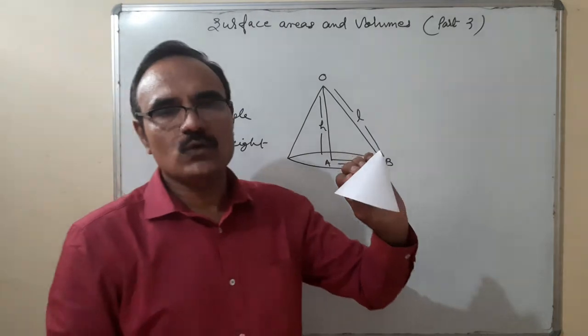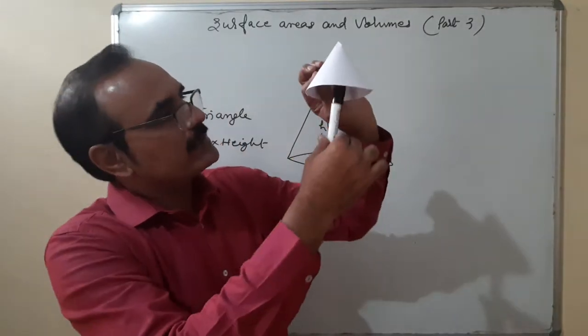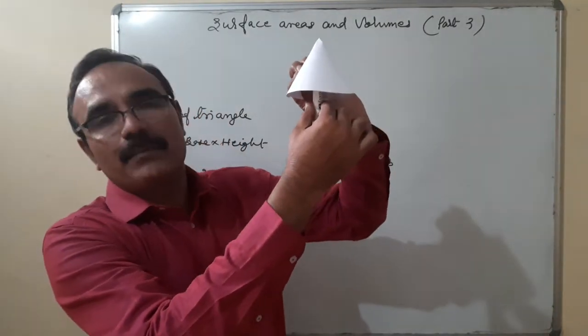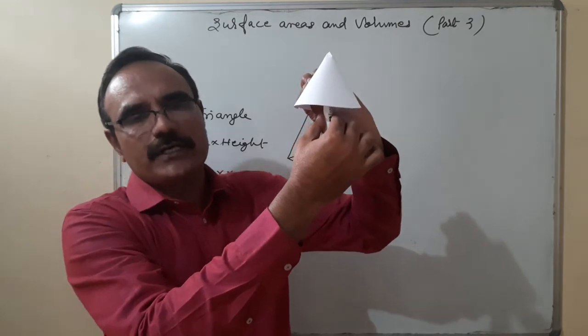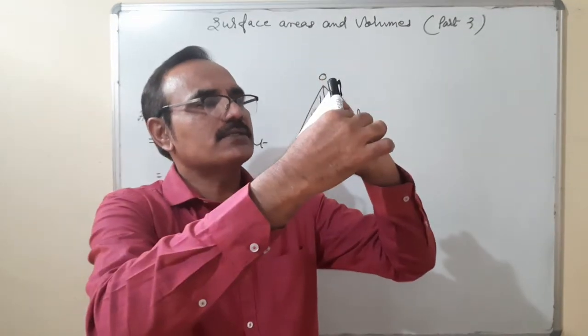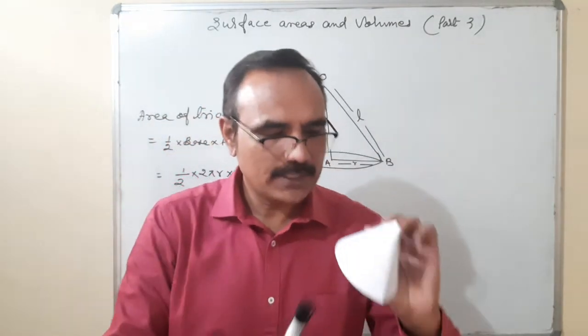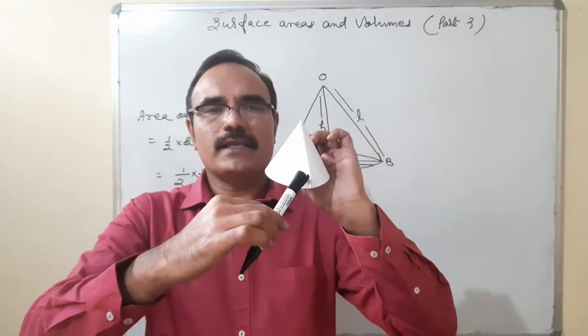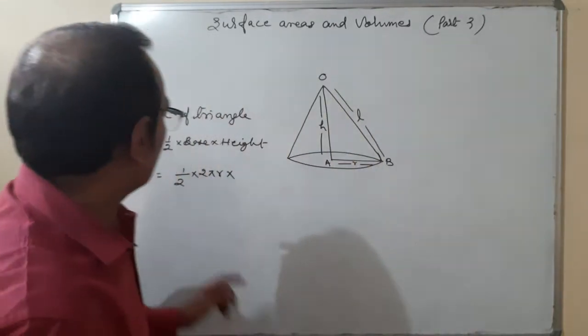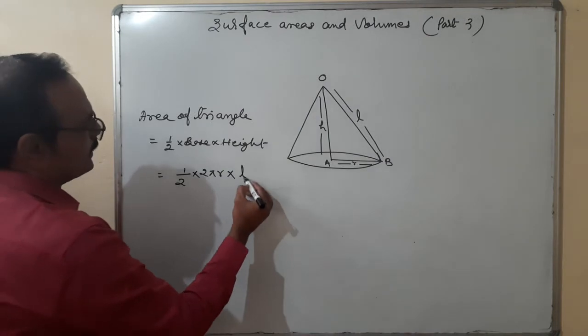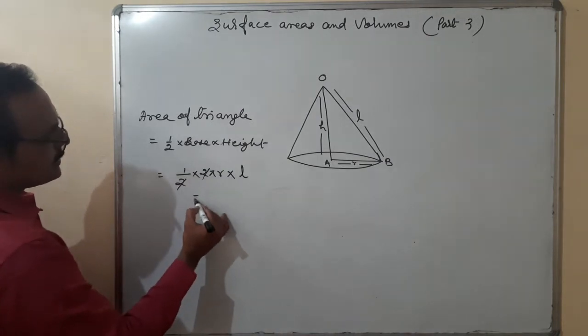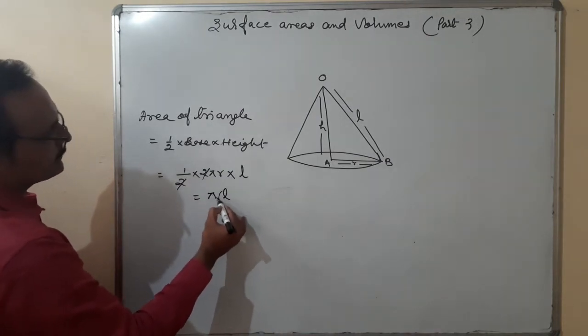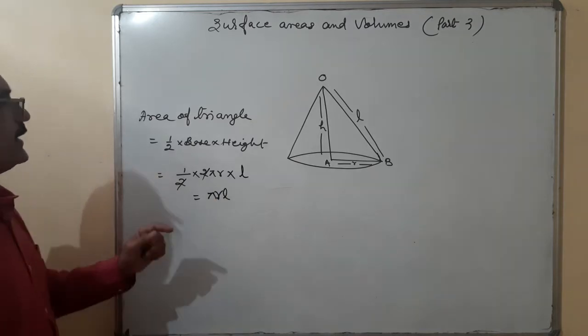Because in a cone there are two heights: one is the slant height, and the second is the plane height, which is denoted by h only, and this is denoted by l. So here the height of the triangle is l. I'll write 1 upon 2 into 2 pi r into l. The 2 and 2 cancel, and it is coming pi r l. What is it? Pi r l.